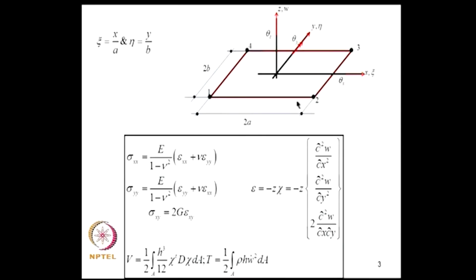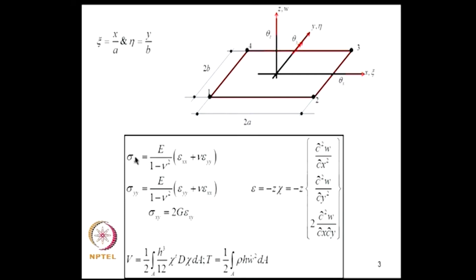So, we considered a 4 noded rectangular element, and at each node the degrees of freedom were translation W and slope along x and y axis, and we introduced the non-dimensional coordinate system xi equal to x by a and eta equal to y by b. Now, to derive the strain energy stored in the plate, we invoked the Kirchhoff law assumptions, and based on that we derived these stresses in terms of these strains.